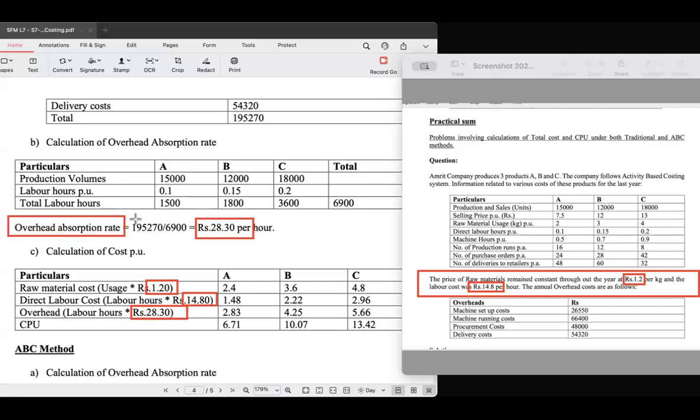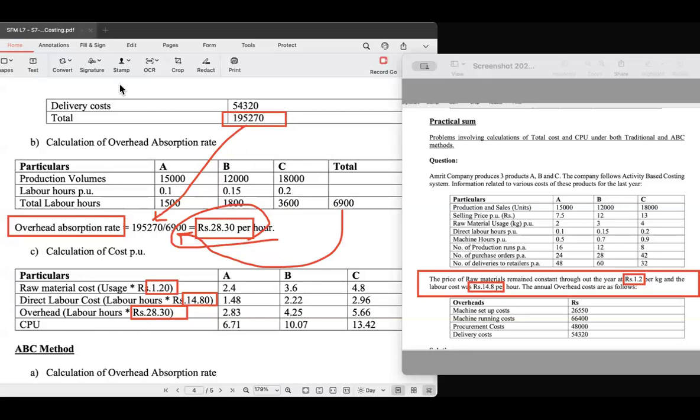How do we find the OAR? We took the total overhead cost divided by the total number of labor hours. We found the OAR, right? So labor hours into 28.3.